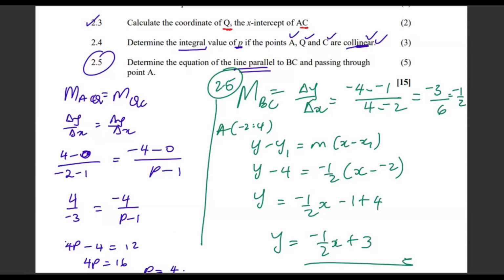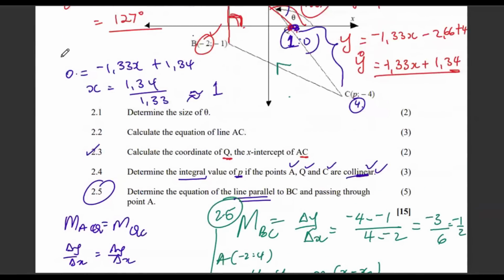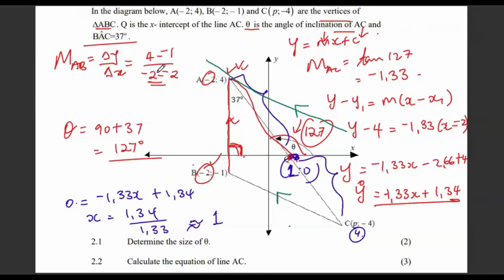So that's what the question basically asked for. So that's how questions of analytical geometry can be answered. If you have an angle, you need the gradient, use that tan. If you have the gradient, you need the angle, still use that same formula, but in the opposite way, and then you end up with that.